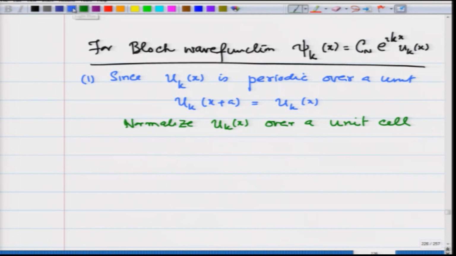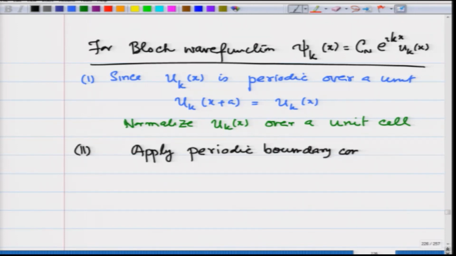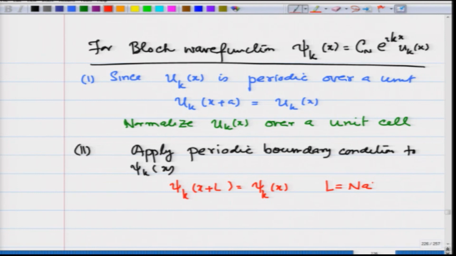So, that part is taken care of. And then number 2, apply periodic boundary condition to psi k x. And what does that mean? That means that I apply the periodic boundary condition over a length L, and that means that psi k x plus L equals psi k x, where L is equal to n a, and I am applying these periodic boundary conditions therefore over n unit cells.